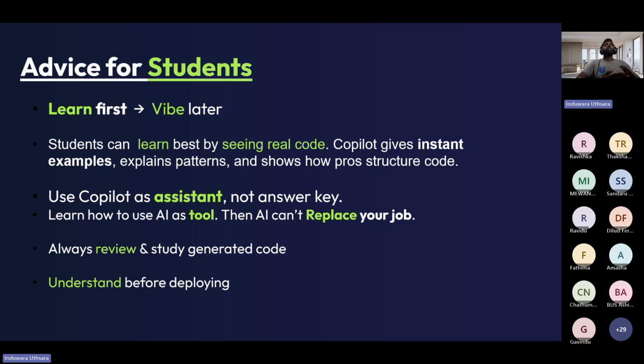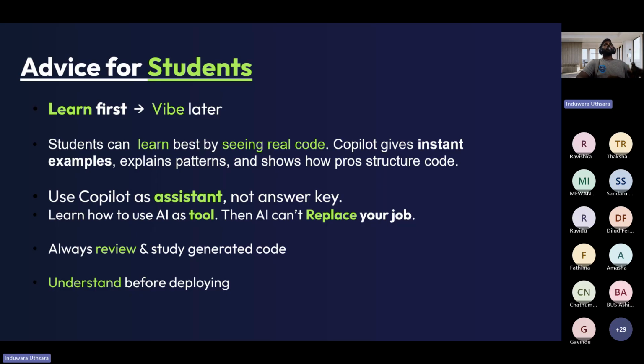When you are in the learning stage, you should learn first. After, when you are going into industry and have good fundamental knowledge, you can use vibe coding and create things within a few minutes. You can increase your productivity.